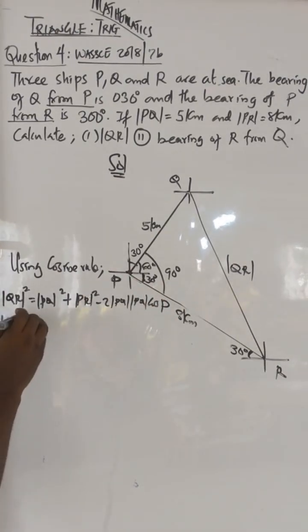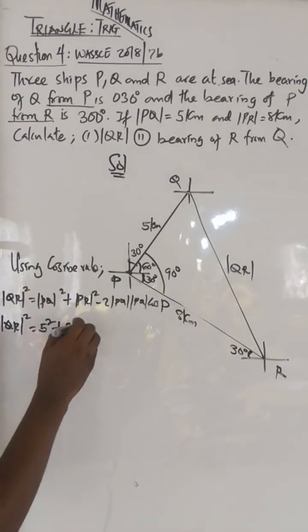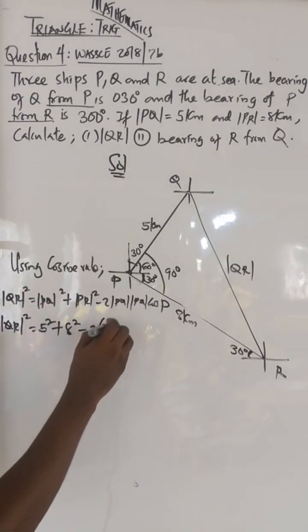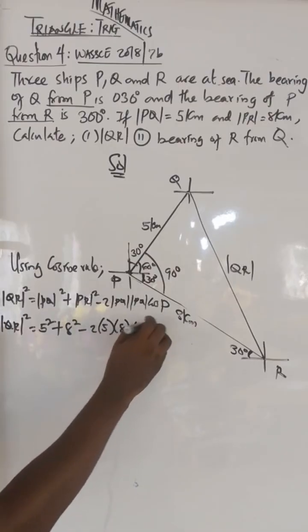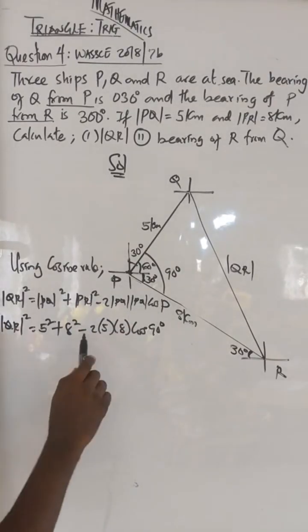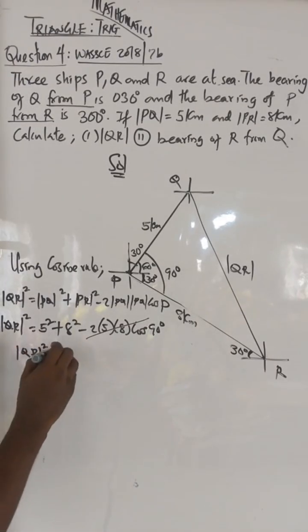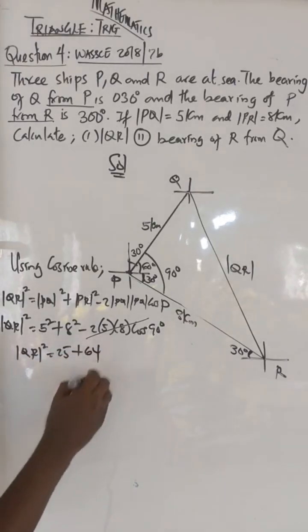QR squared equals, what's PQ? 5 squared plus 8 squared minus 2 into 5 into 8 cos 90. Cos 90 is 0. So everything here disappears. So it's as though you are still using Pythagoras theorem. So QR squared becomes 25 plus 64.